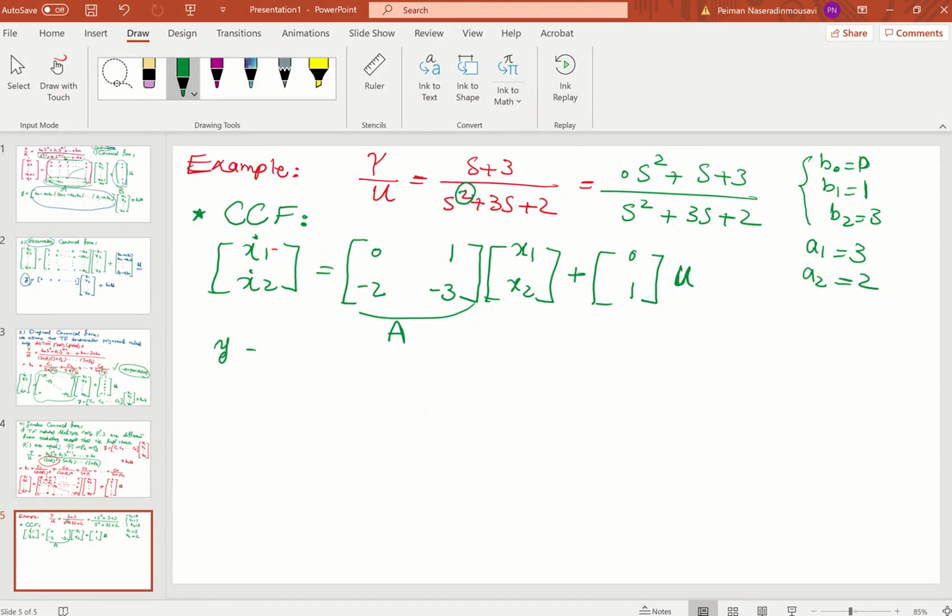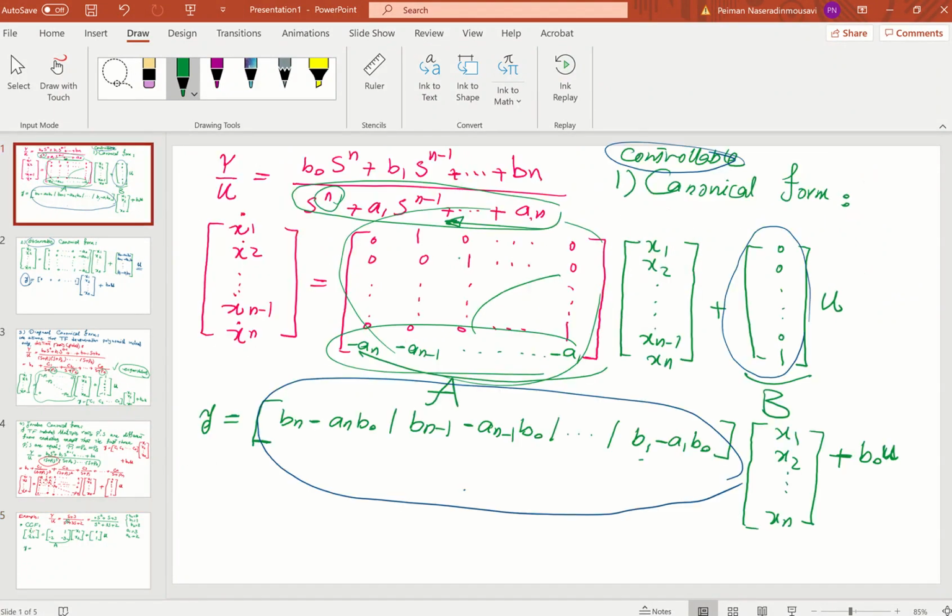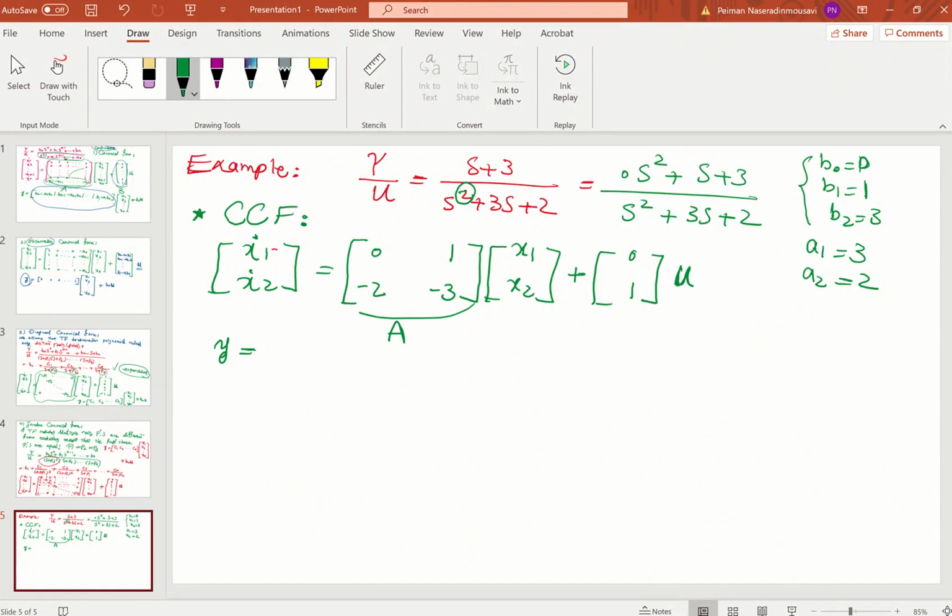So its Y is what? Bn, here b2, minus a2 multiplied by b0. So b2 is 3 minus a2, which is 2, multiplied by b0, which is 0.